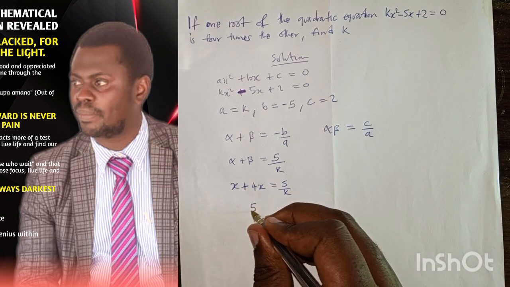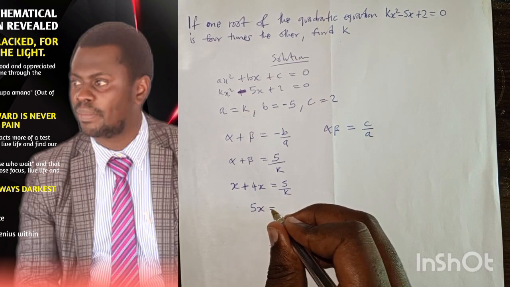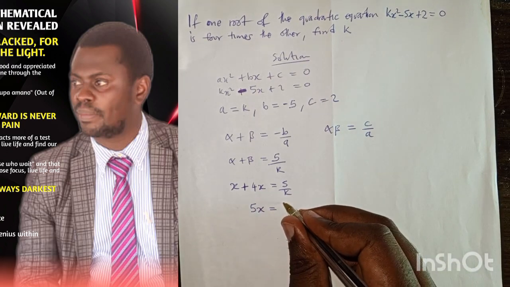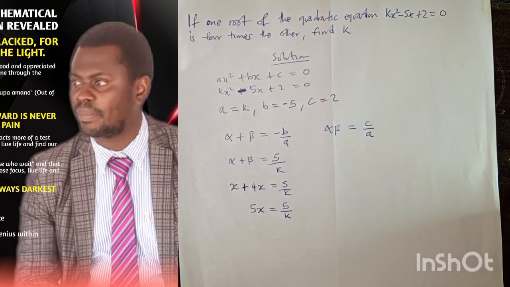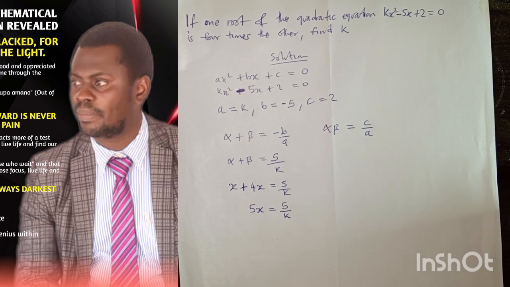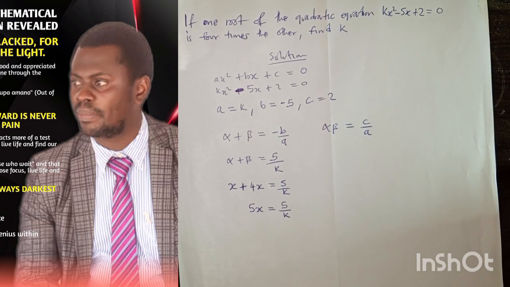What is x plus 4x? You get 5x is equal to 5 over k. We can make x the subject of the formula here.